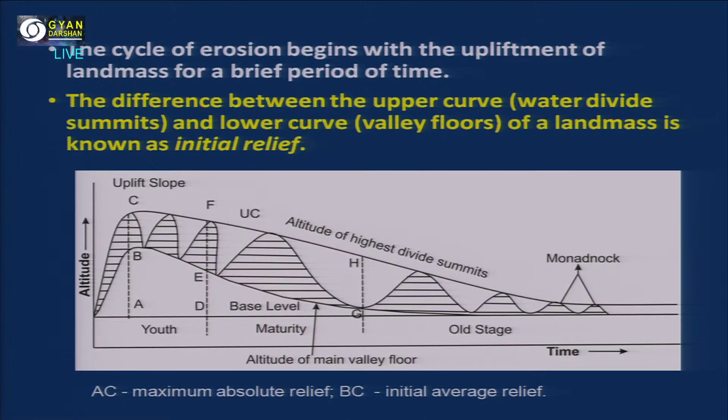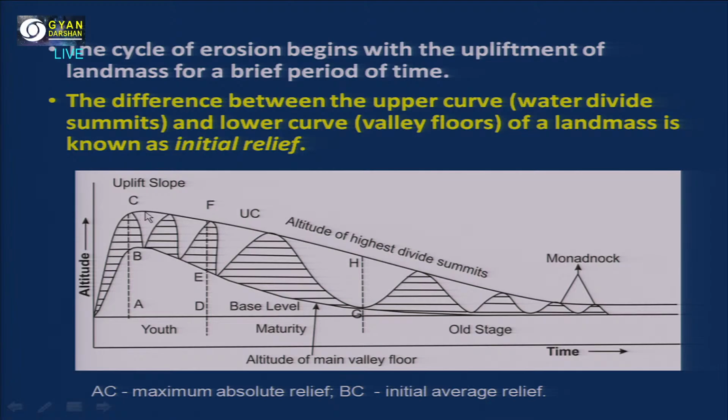Now this figure shows the cycle of erosion, which begins with the upliftment of a landmass for a brief period of time, and you see in this figure, on the x-axis is the time, and on the y-axis is the altitude. So this figure shows two curves here.